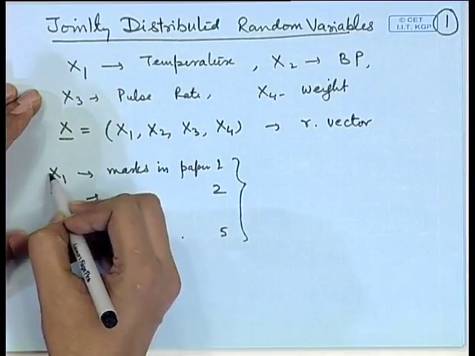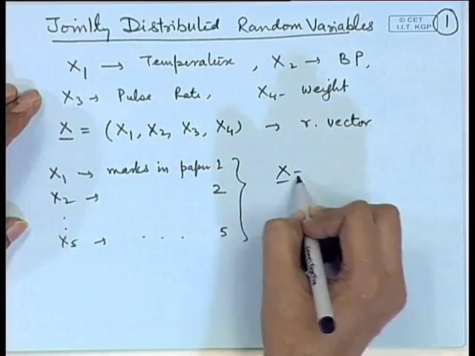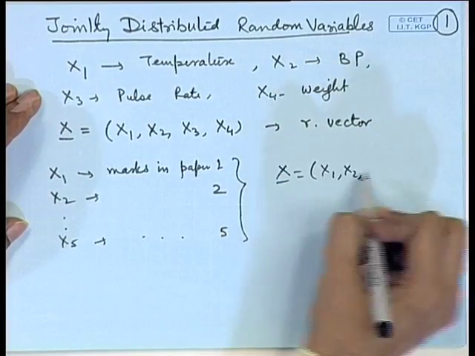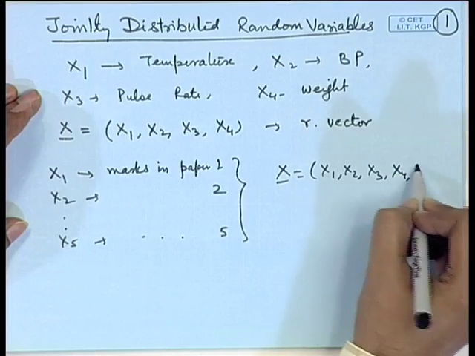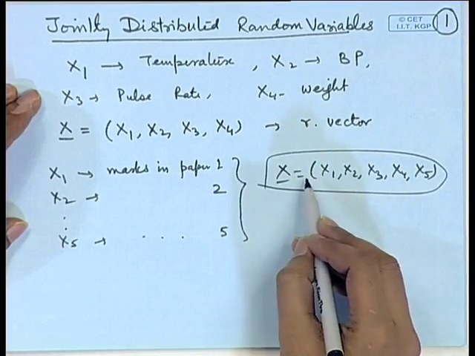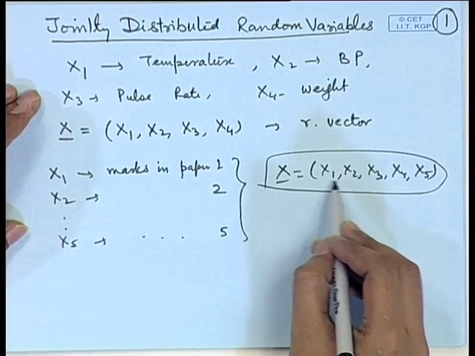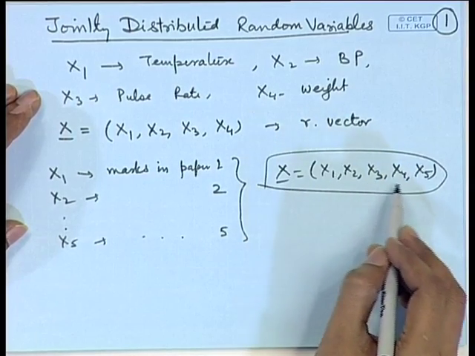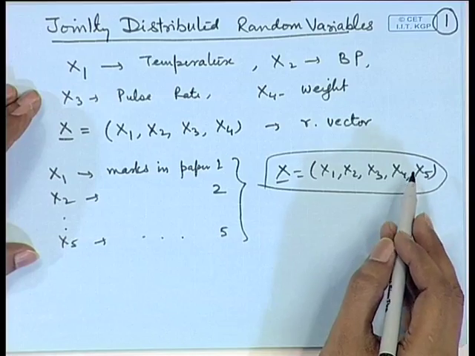For each student, if we record x equal to x1, x2, x3, x4 and x5, then this is a random vector, or jointly distributed random variables x1, x2, x3, x4 and x5.